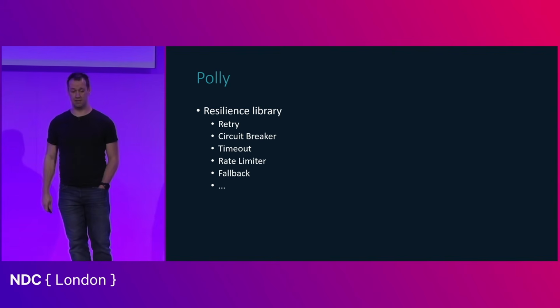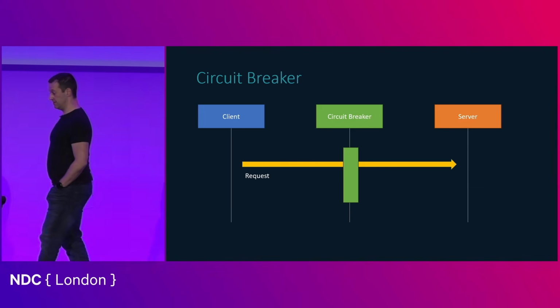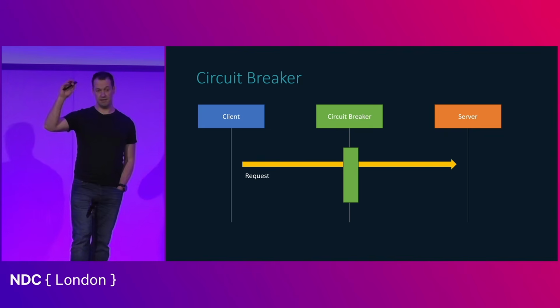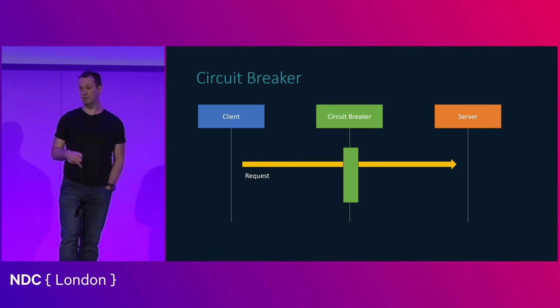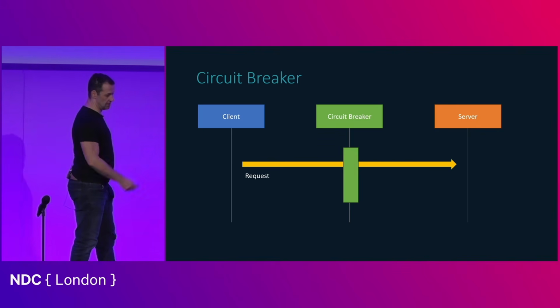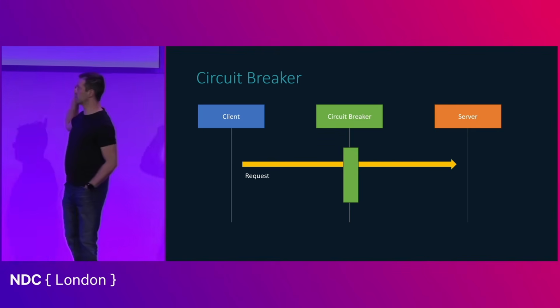Now, a circuit breaker pattern that I mentioned is, well, exactly that. It flips a circuit when your server goes down. So what happens is, as long as your request succeeds, your circuit stays closed and connections go through.